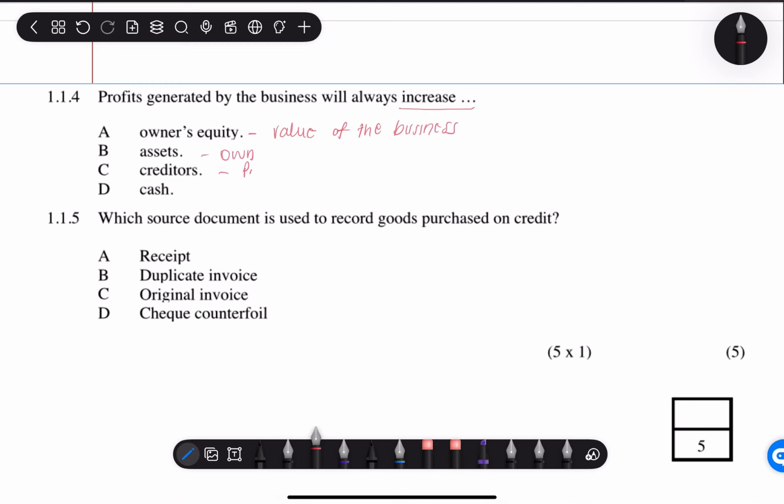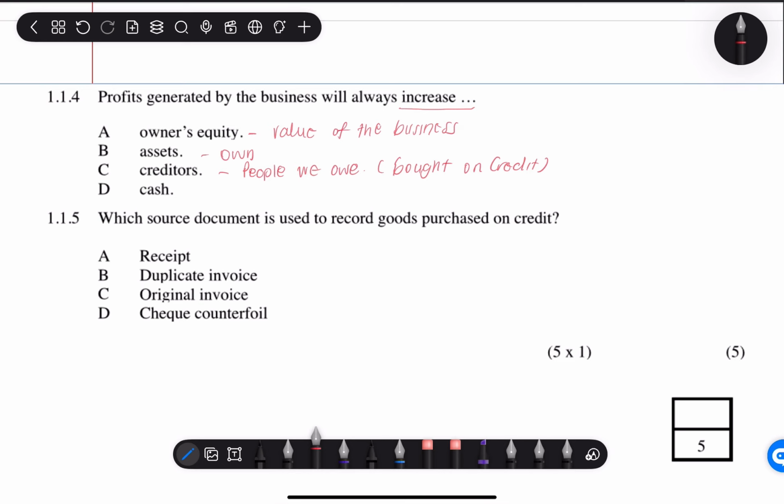Creditors are people we owe because we bought on credit. And cash is cash.